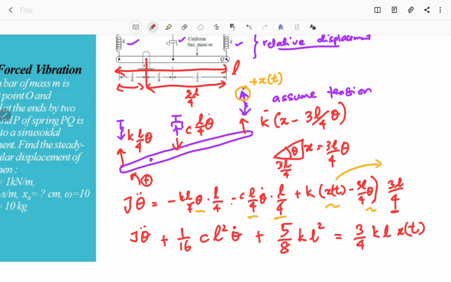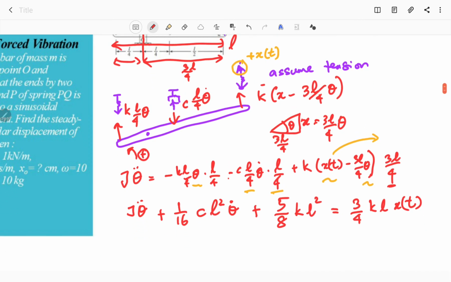Okay, so then only you can substitute in terms of the sine function, 3 over 4 KL x naught sine omega t. Let me write that in full.